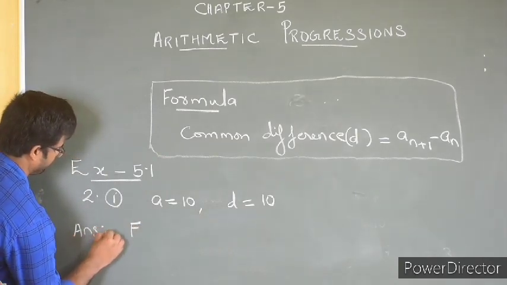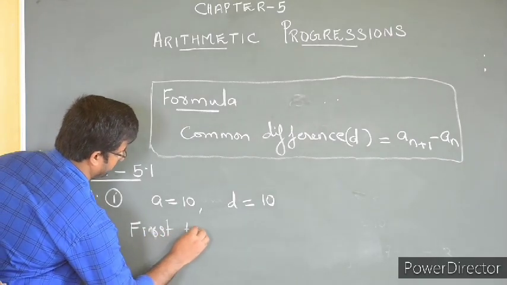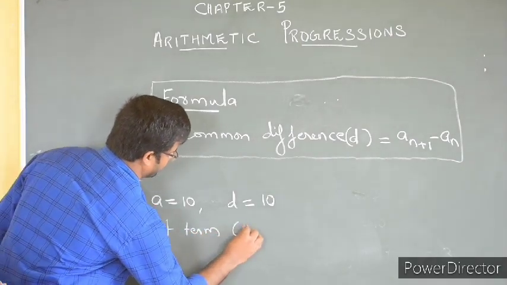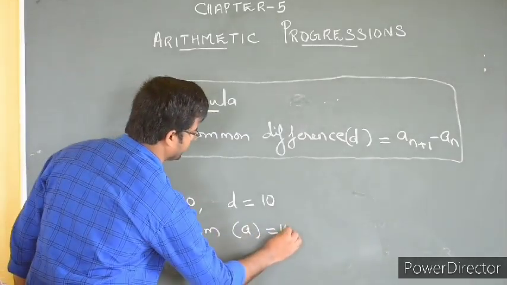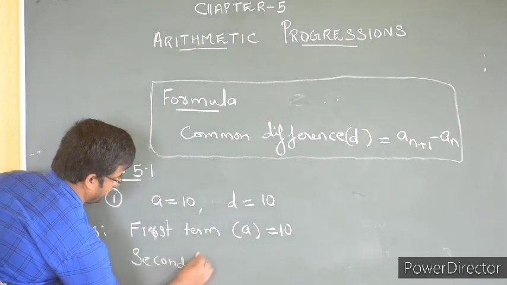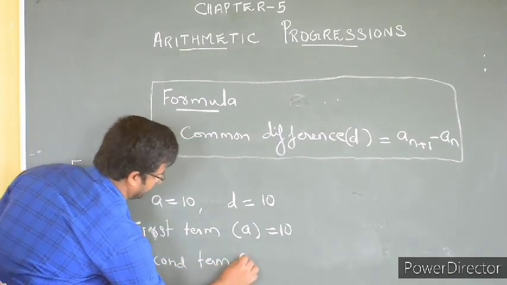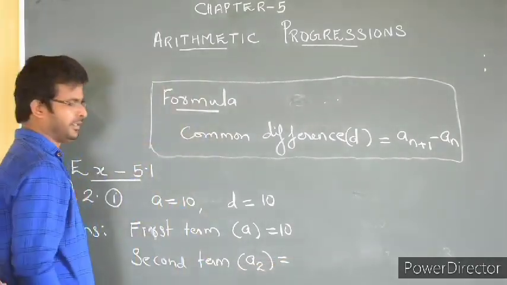Answer. First term, normally we will represent as a. a is already given in here, that is 10. Then the second term, that is A2. Second term representing A2.